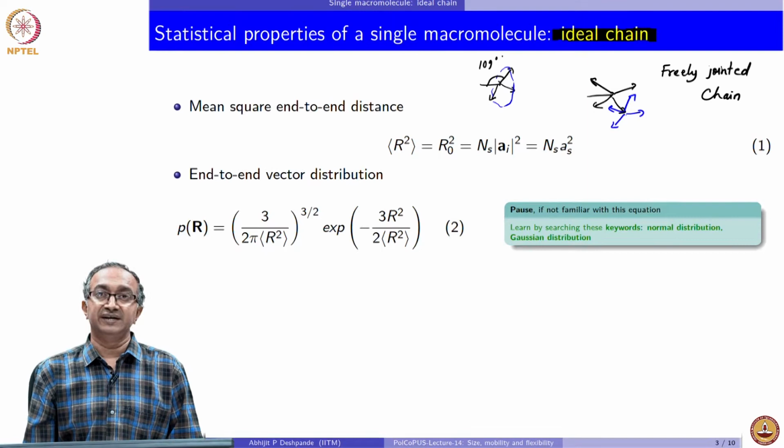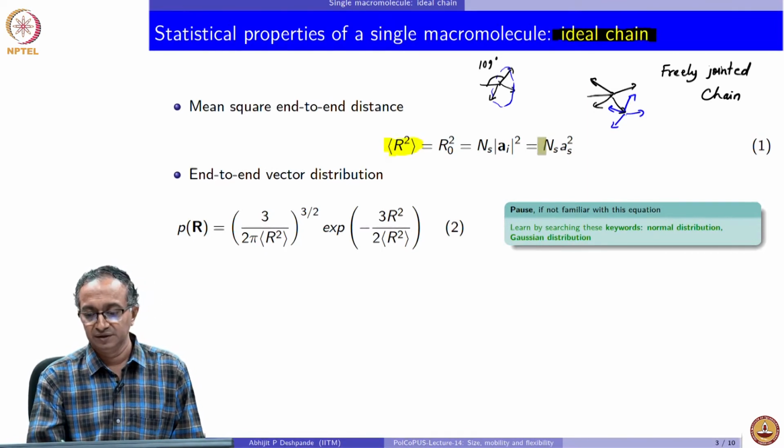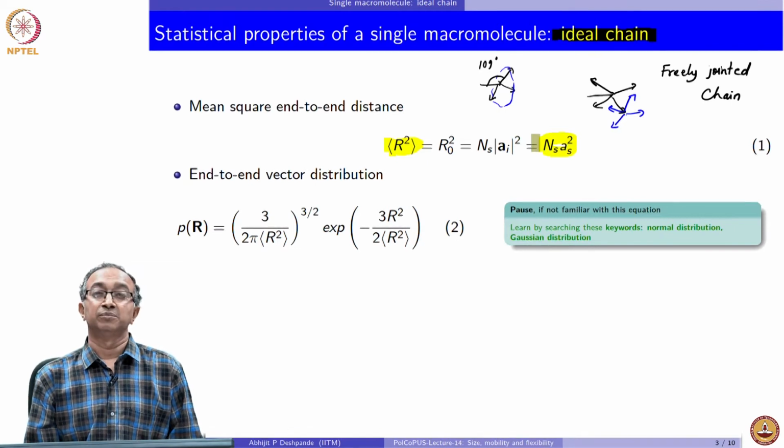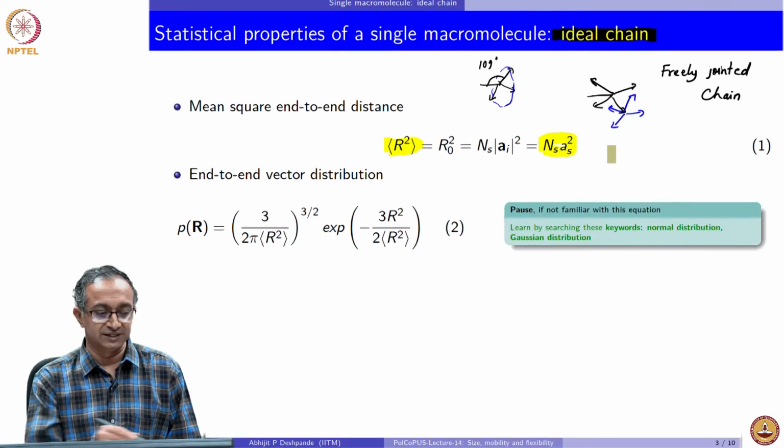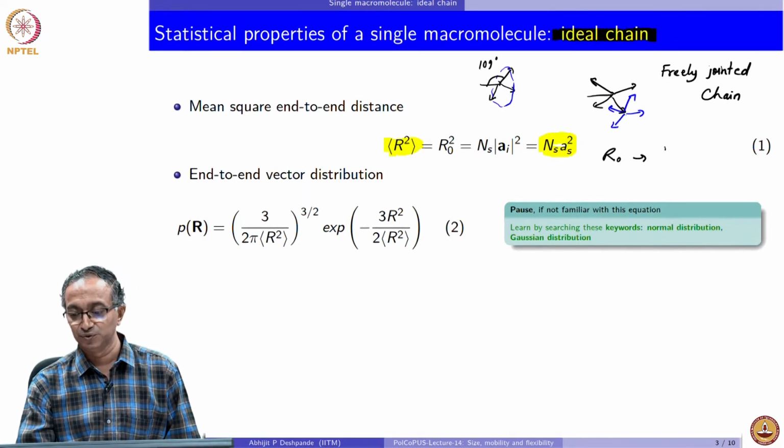So in case of ideal chain, the end-to-end distance can be shown to be the number of links and the length of the link squared. If you look at in terms of distance, this is mean square distance, but the distance is also called root mean square.